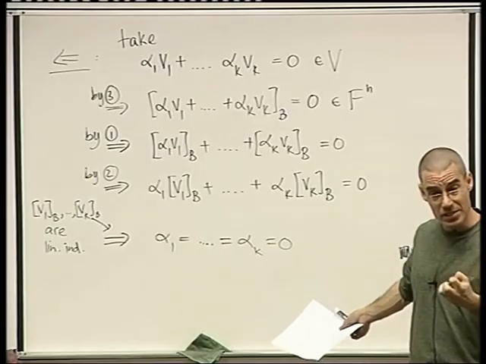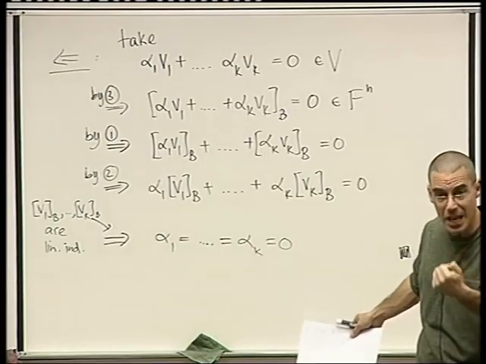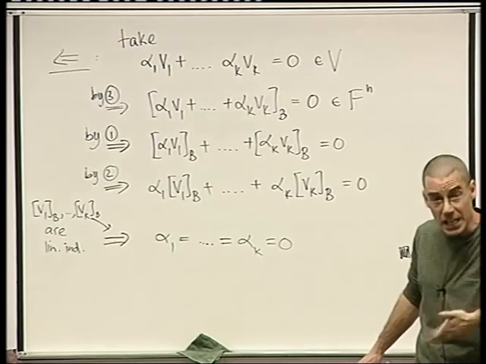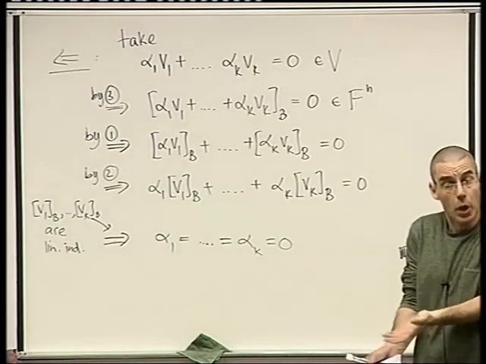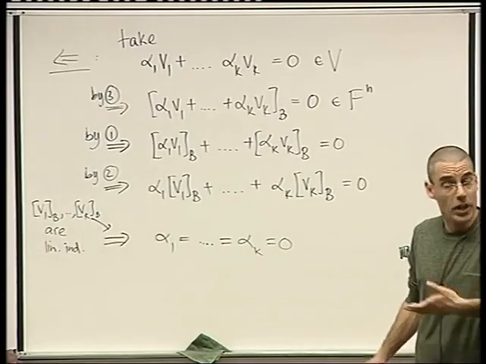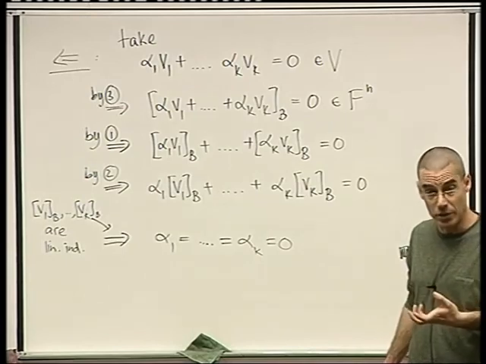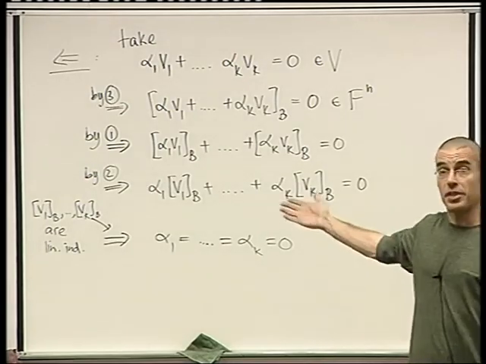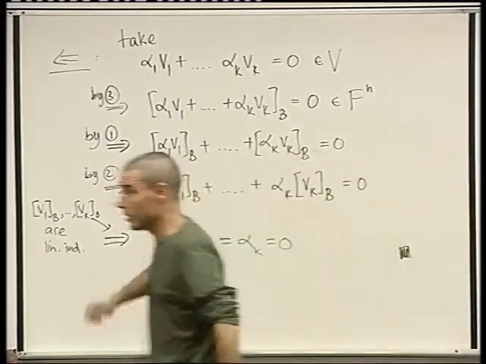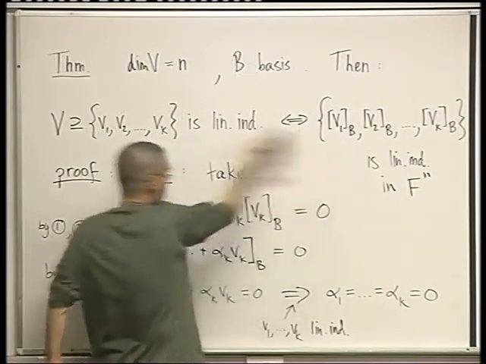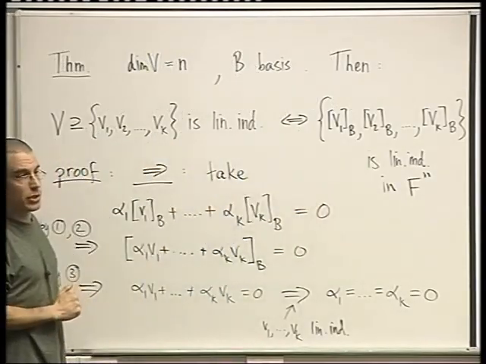Once we have a basis, we can translate that vector space to Fn, and do things in Fn where we know how to do things, for example, rows in a matrix, and all kinds of things that we know easily how to do in Fn. And whatever is justified by theorems, like this theorem, for example, that tells you that being linearly independent gets pulled back to the original space.